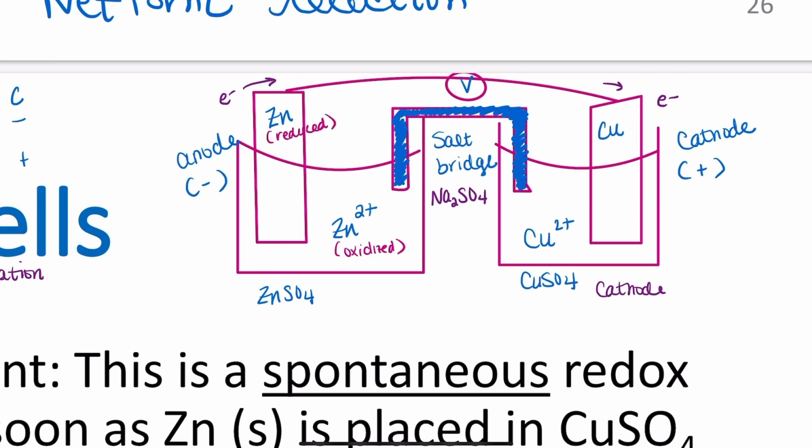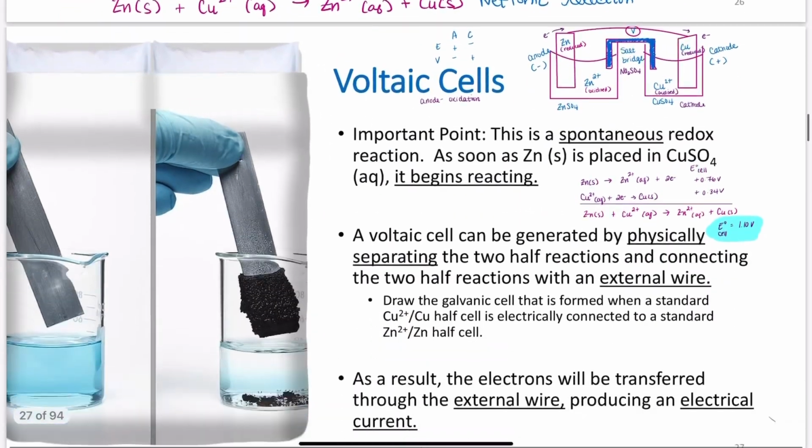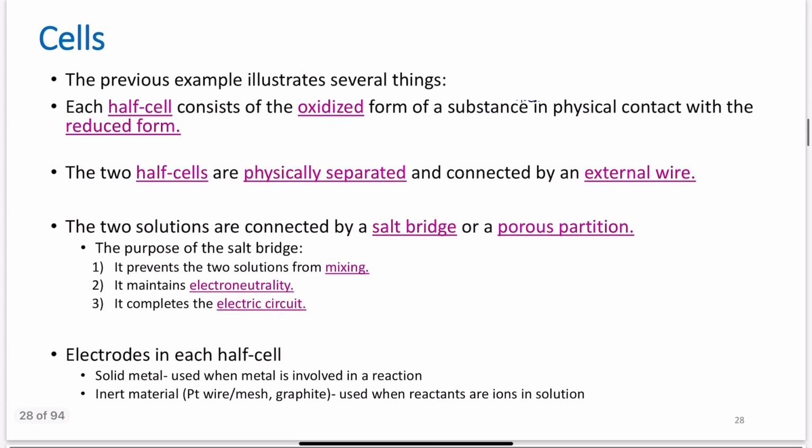Same for copper. I've got the oxidized form in physical contact with my reduced form. Even though zinc is being oxidized and copper is being reduced in the system, I still have the other species present.